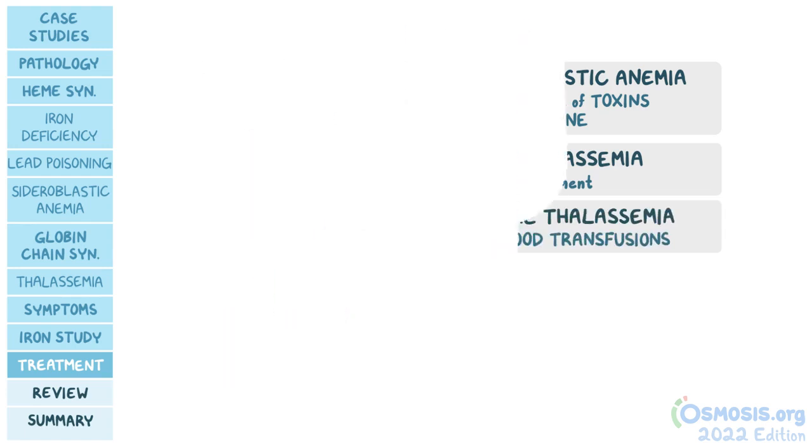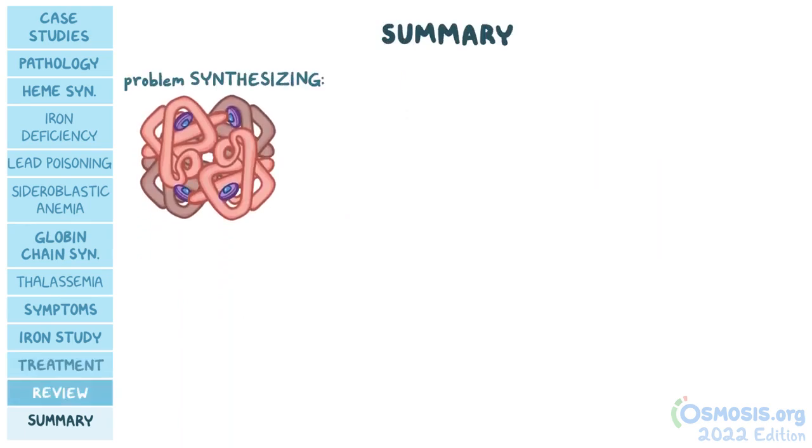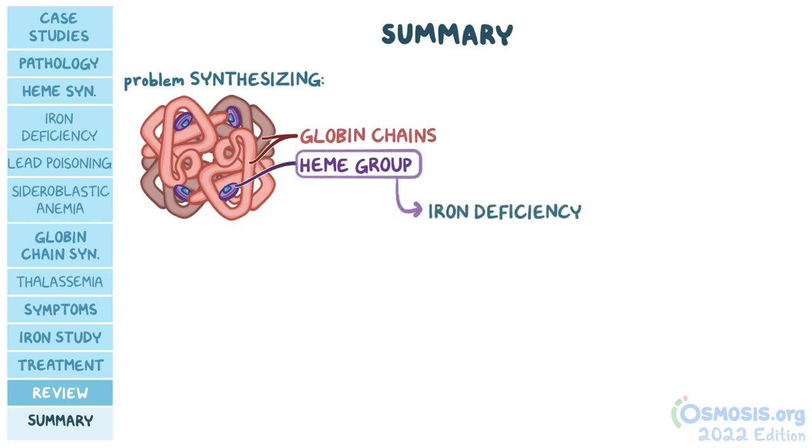Okay, to review. Microcytic anemias can occur when there's a problem in synthesizing one of the two main components of hemoglobin, heme and the globin chains. There are many disorders that affect heme synthesis, and iron deficiency anemia is the most common. Sideroblastic anemia and lead poisoning also fall under this category.